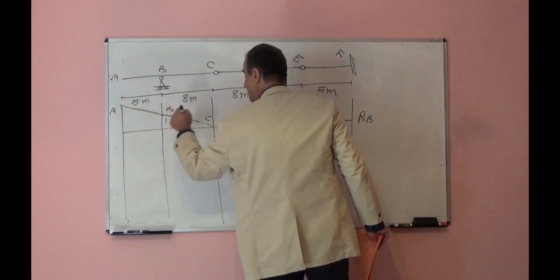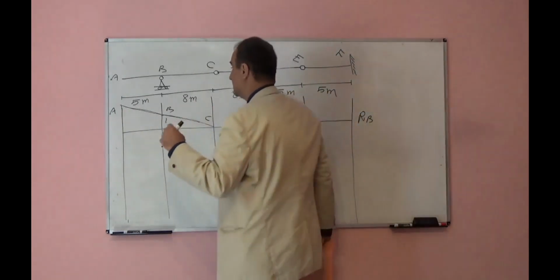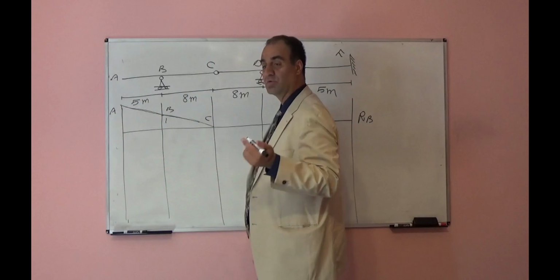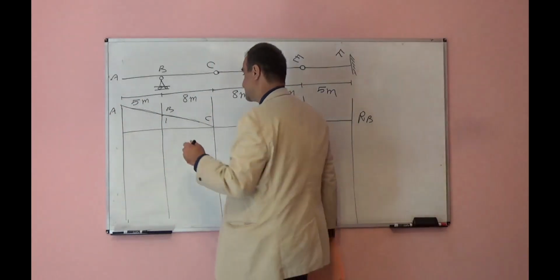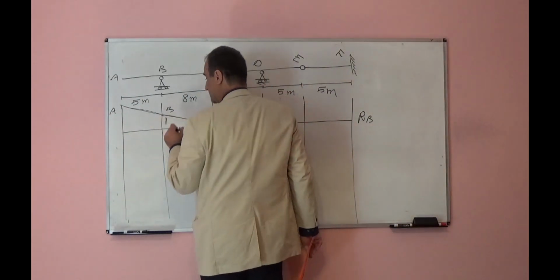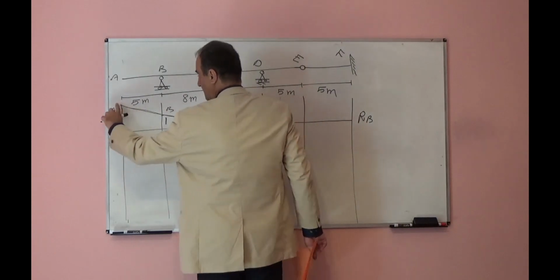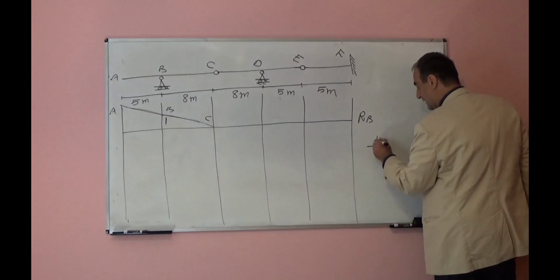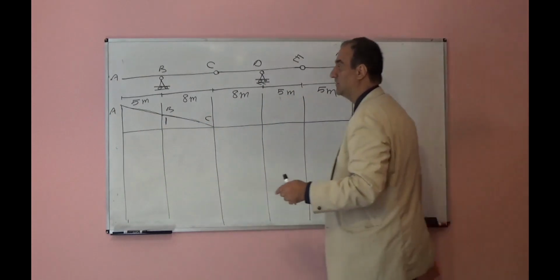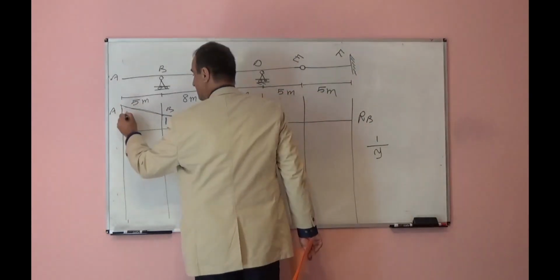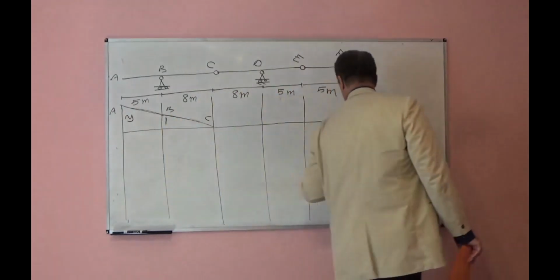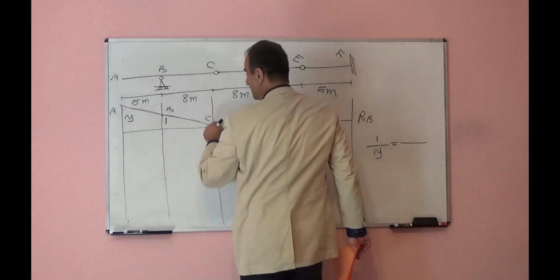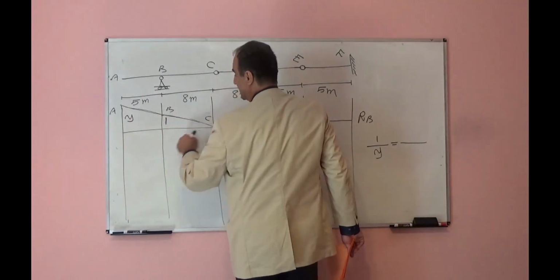The height for B will be unit. The height for A you can find from similar triangles. Always you can apply the similar triangle rule. This over this height, which I don't know, for example, 1 over y, if I assume this is y, is equal to 8 over the entire length.